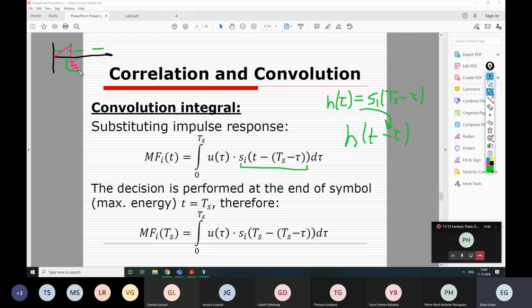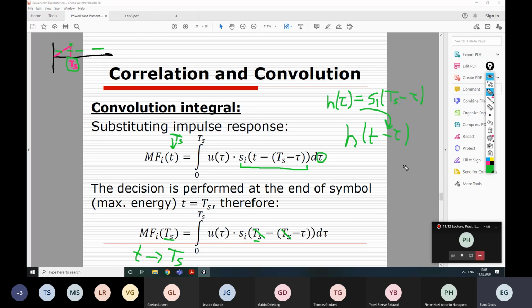So the comparison is performed exactly at this time moment. And we are going to substitute this t for the symbol duration. Now integration is calculated over tau, right? So this t is a fixed number, which won't really affect much. So we substitute t for symbol duration. So we get it here and here.